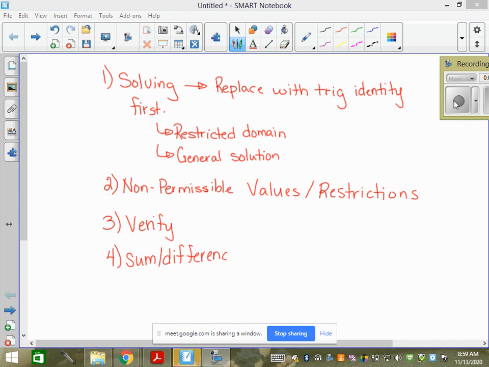Okay. Number 4, we did sum and difference and double angle identities. We reviewed a lot of that yesterday. So that's where you have like tan 75 or something like that. You have to use 30 and 45, right? Or tan 15 or any of those, and you have to use that formula.